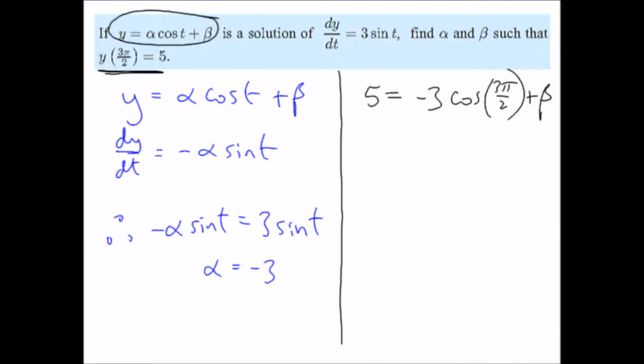So in that equation there, we can simplify, and we know that the cosine of 3 pi on 2, which is our angle down here on the unit circle, has an x-coordinate of 0. So we get beta must equal 5.